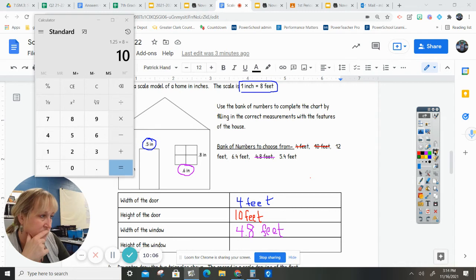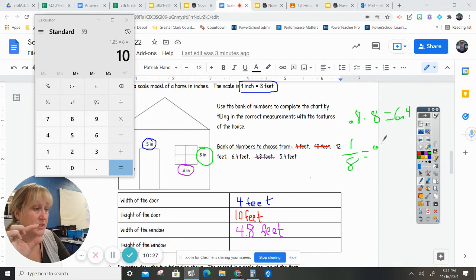Maybe. All right, so it wants to know the height of the window, which is 0.8. I should be able to go 0.8 times 8, which is 6.4. Will it work if I do it the other way? 1 over 8 equals my original little bitty drawing is 0.8 over unknown. 1 times x, cross multiply is x.